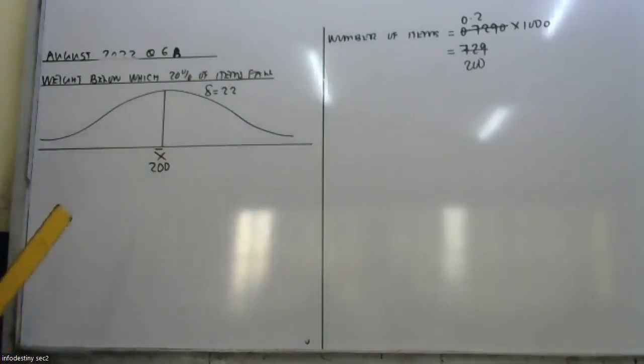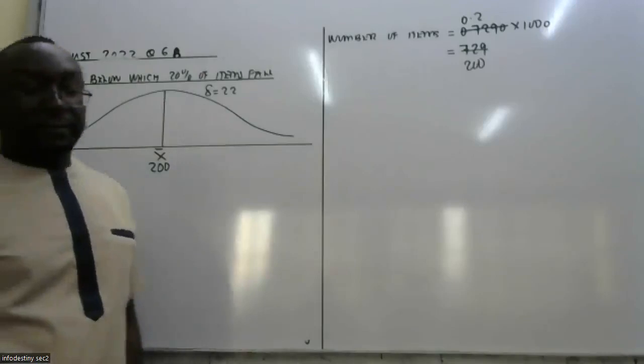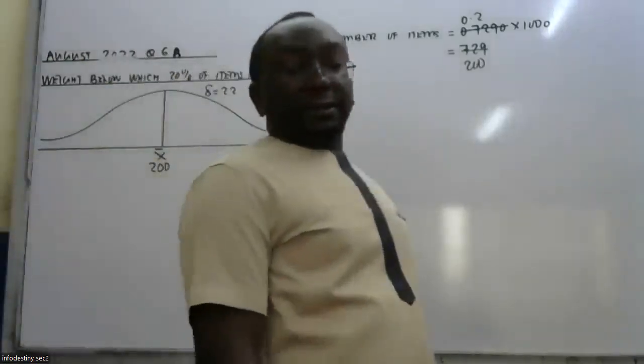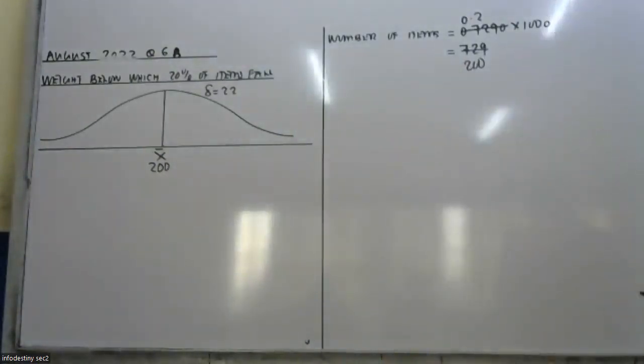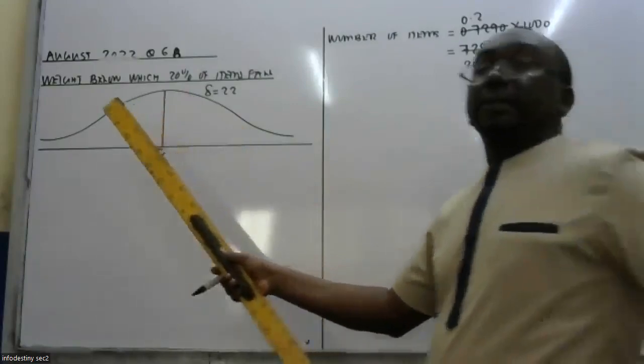Very upper. When you are told 20% fall, below which they fall, is that 20% the higher side or the lower side? Kiingereza. Hiyo si QA. The lower side. Which side? The lower side.